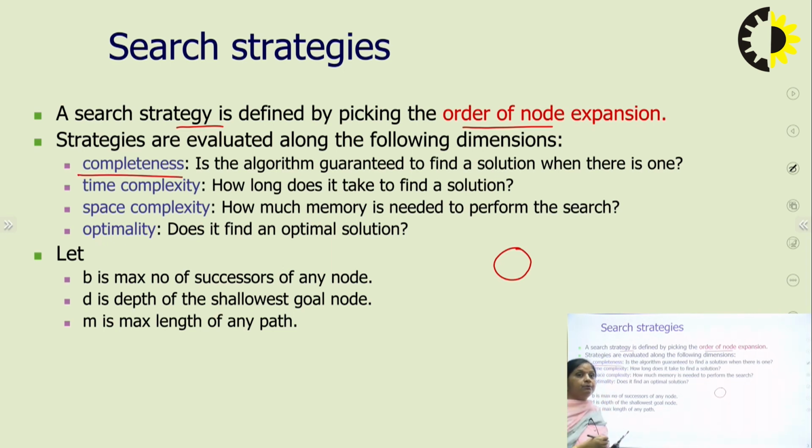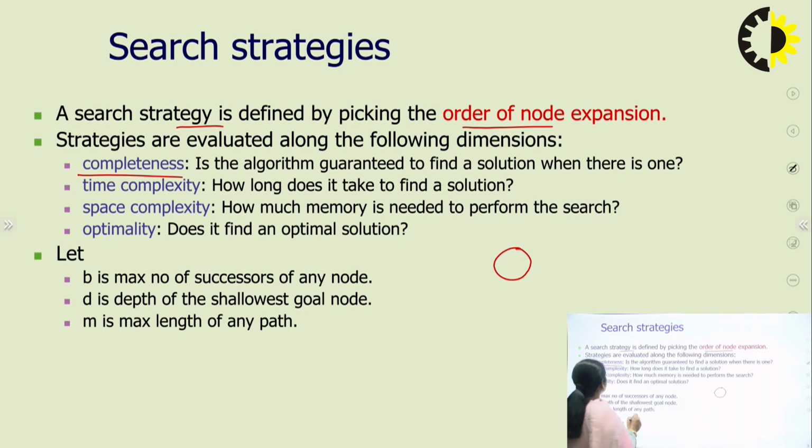Whenever I apply some search strategy, the first point I need to know is whether it is able to find the solution. There may be some problems for which a solution doesn't exist, but if a solution exists, then our search strategy should be able to reach the solution.